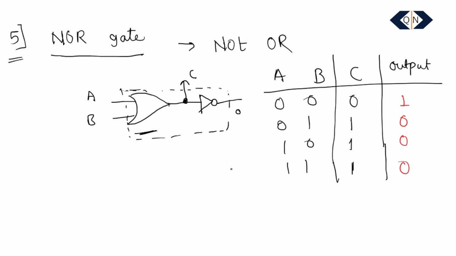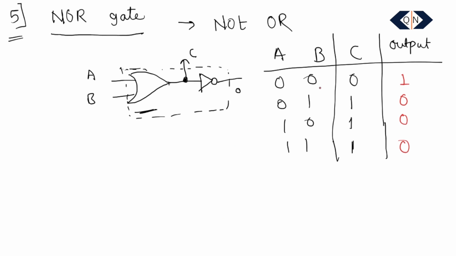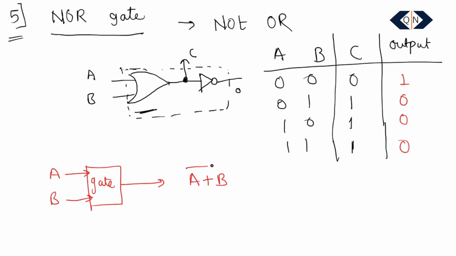From here you can understand that we are only flipping the OR gate. So what will be its algebraic expression? We are giving input as A, input as B. Here our gate is there and we are getting output as A plus B. This is the expression of OR gate and we are flipping it to get NOR gate.